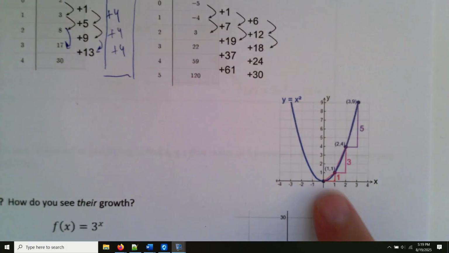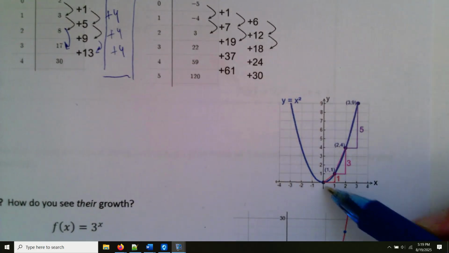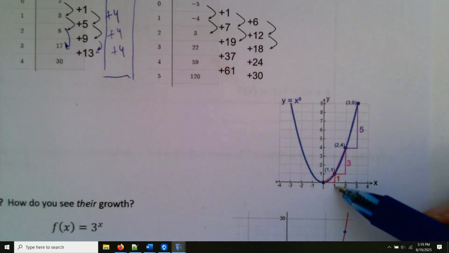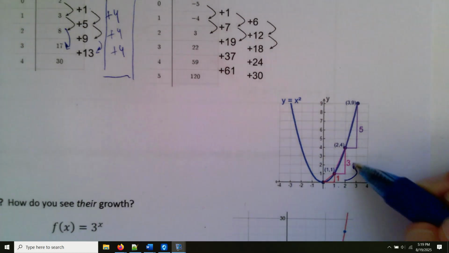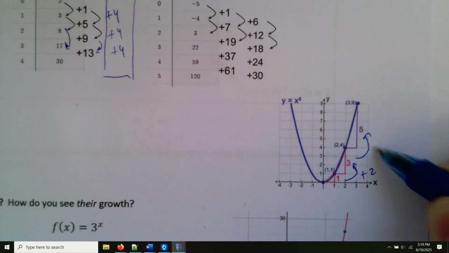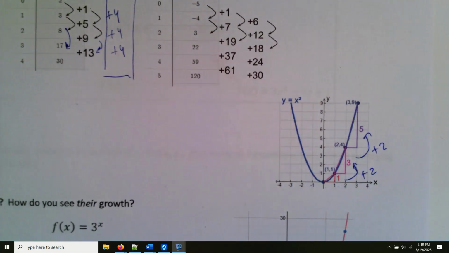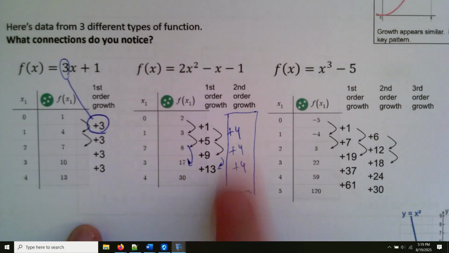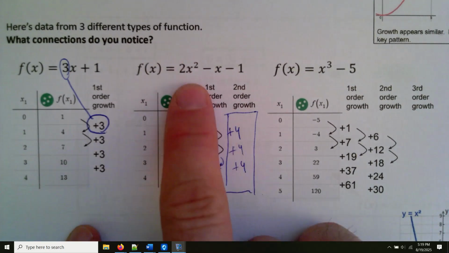This is just y equals x squared. But you can see these growth triangles here. I go over 1, up 1, over 1, up 3, over 1, up 5. So you can see that the heights are growing. And if you ask, how much are they growing by? You can see that the heights are growing by 2 every time. So that's the meaning of second order growth. And if your data has constant second order growth, that means it's an x squared equation.